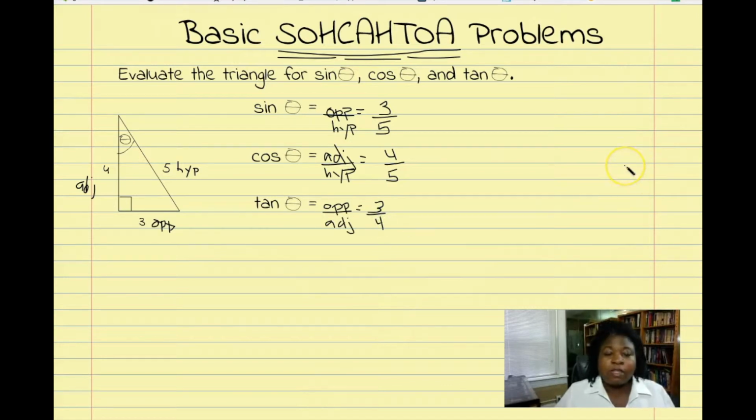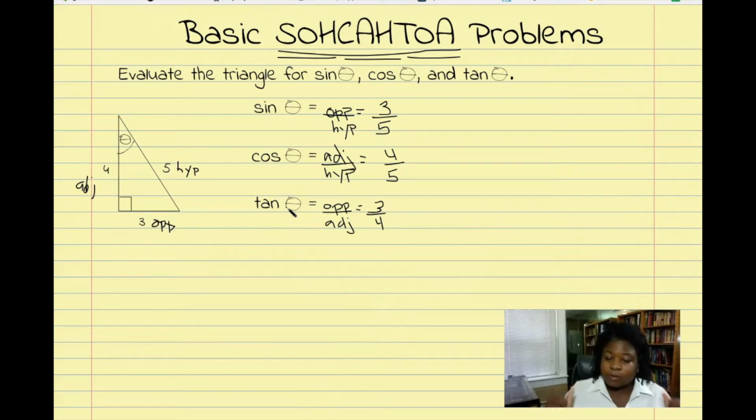Notice that whenever we write the answers for sine theta, cosine theta, and tangent theta, we're writing fractions. And you may have noticed at this point that the fractions that were written for sine theta and cosine theta are less than 1. But for tangent theta, it can be anything.